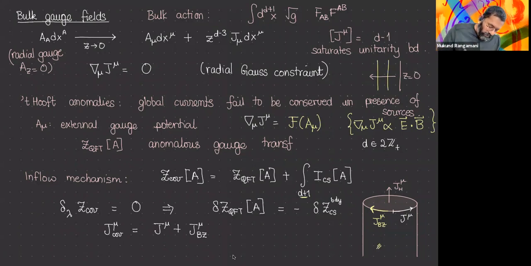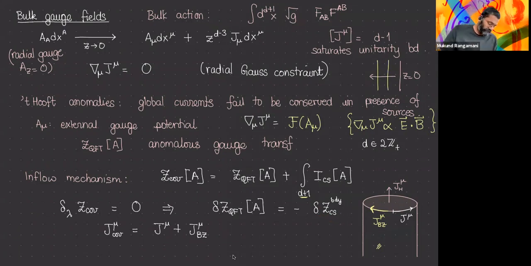The variation of the Chern-Simons term gives you a bulk current, which I'm calling the Hall current J, which is conserved because the Chern-Simons is topological, and the bulk part of Chern-Simons has no gauge non-invariance. But there's a boundary term from the Chern-Simons variation, which is this Bardeen-Zumino current, which is the same thing that contributes to this delta Z Chern-Simons boundary.